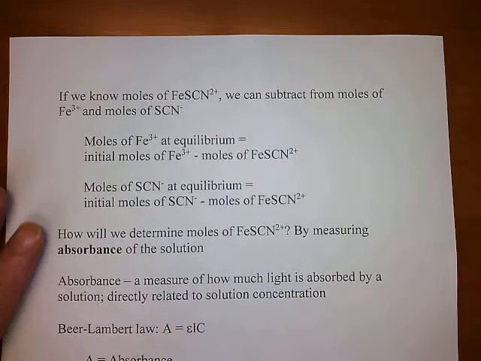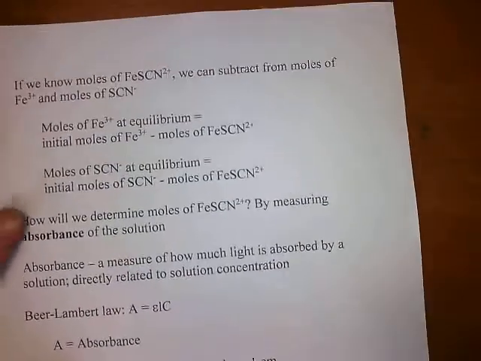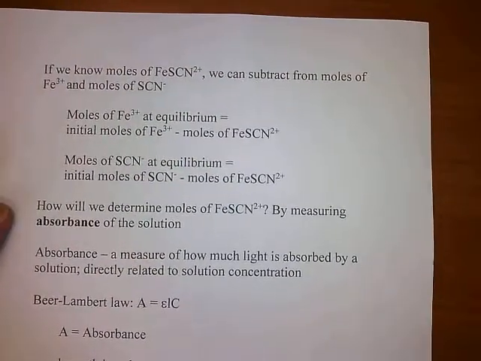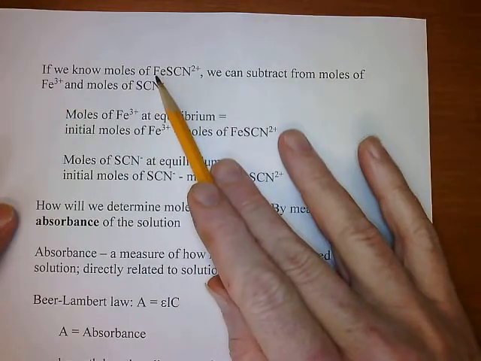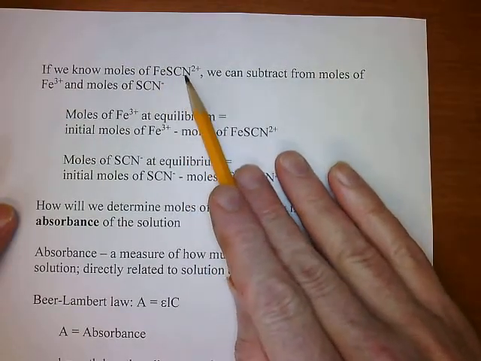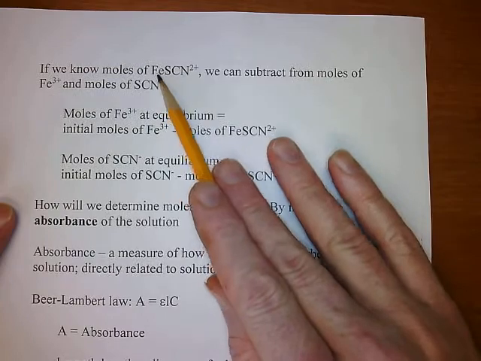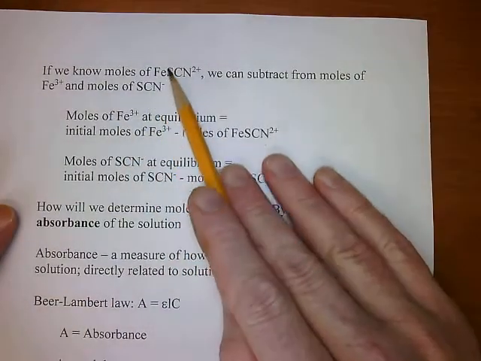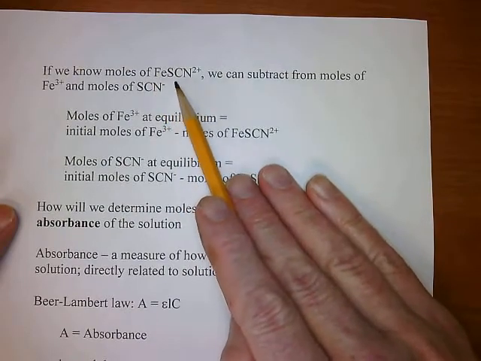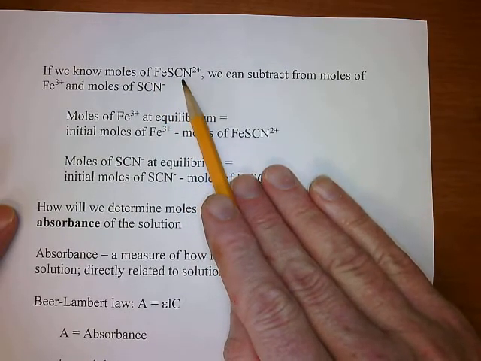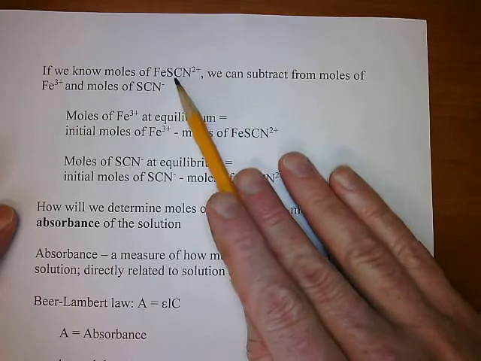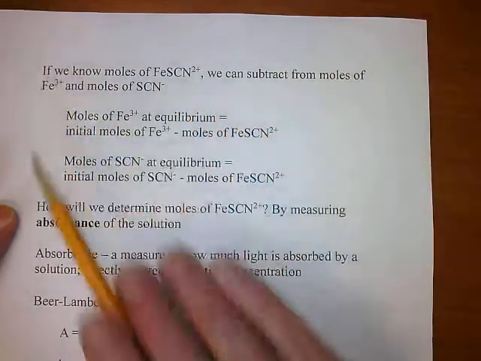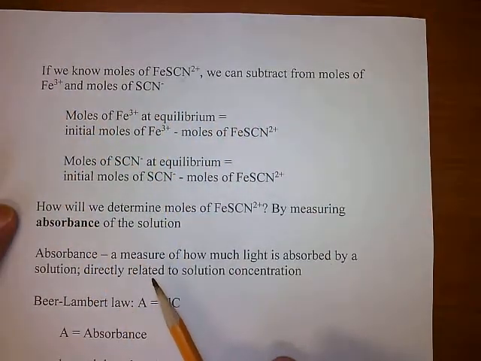What we're after is to figure out the equilibrium constant. We're going to mix the solutions together and let it come to equilibrium. Now, if we could just figure out what this is, we could subtract this from the moles of iron 3 and moles of thiocyanate.